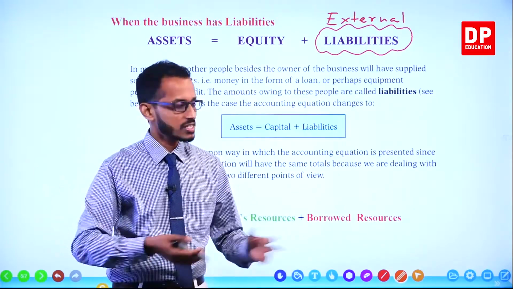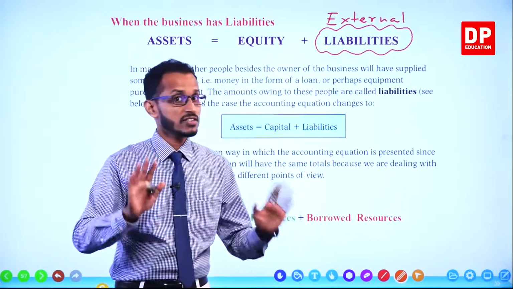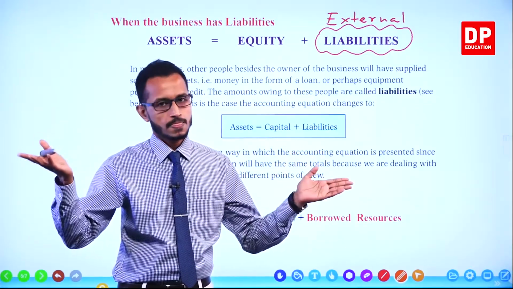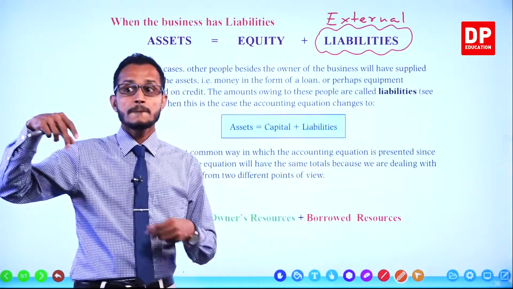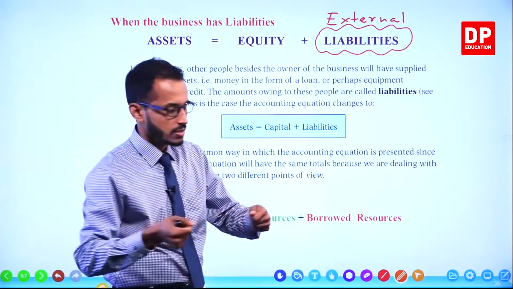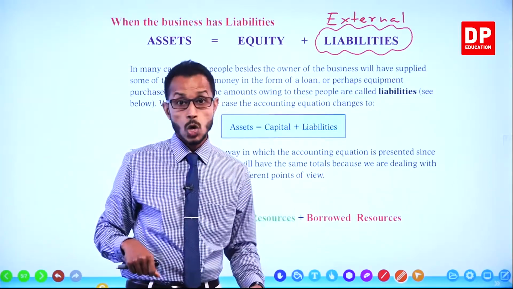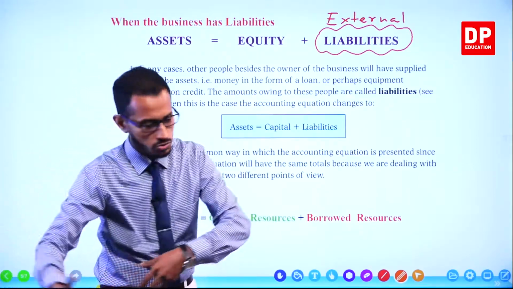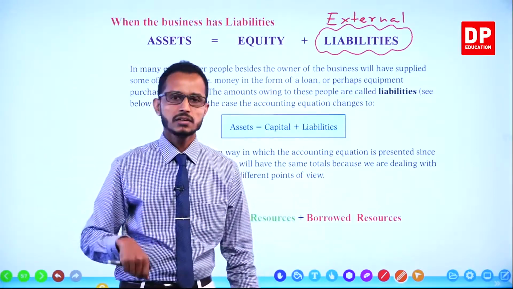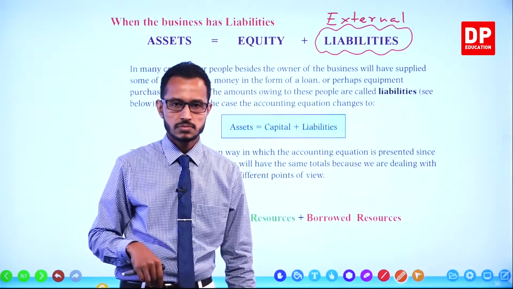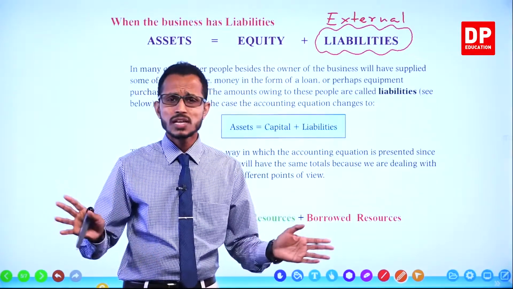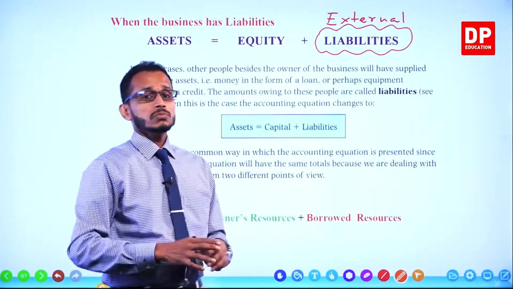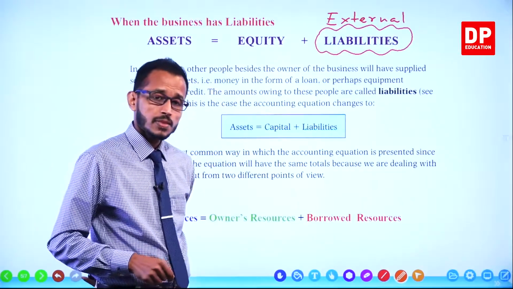We have borrowed. It's like we have borrowed those goods. We haven't still paid. Like we borrowed money from a bank as a loan, we have borrowed goods from a supplier, from a company. All those are liabilities. I'm asking you this question.